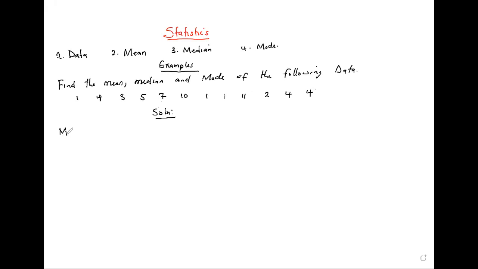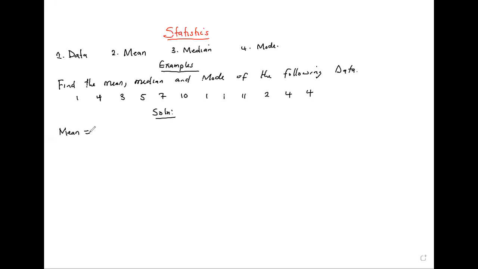First thing, mean. How do you find the mean? You get the sum. So now I'm getting my calculator. You get the sum of all the entries that we have in this data.